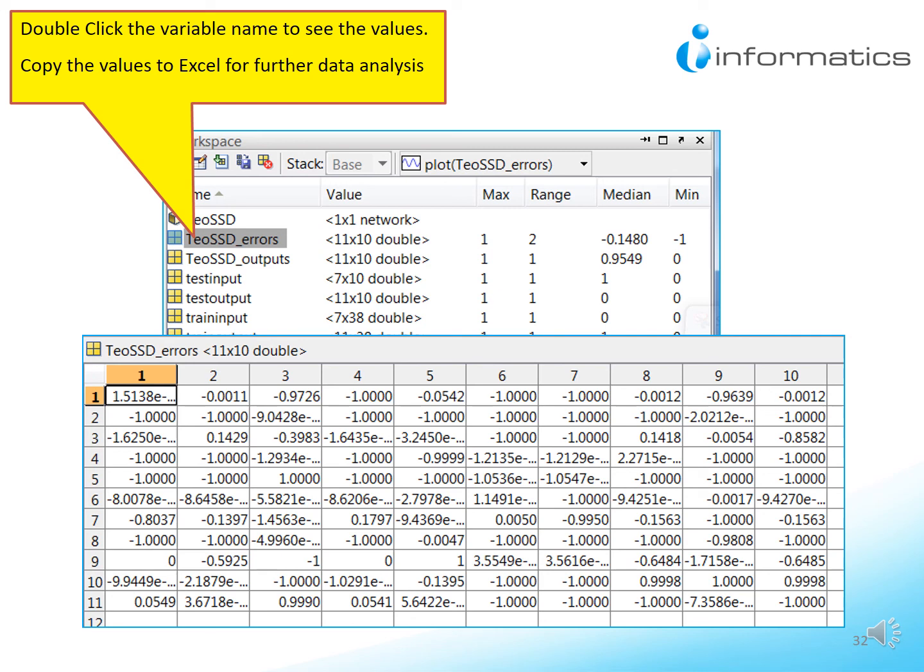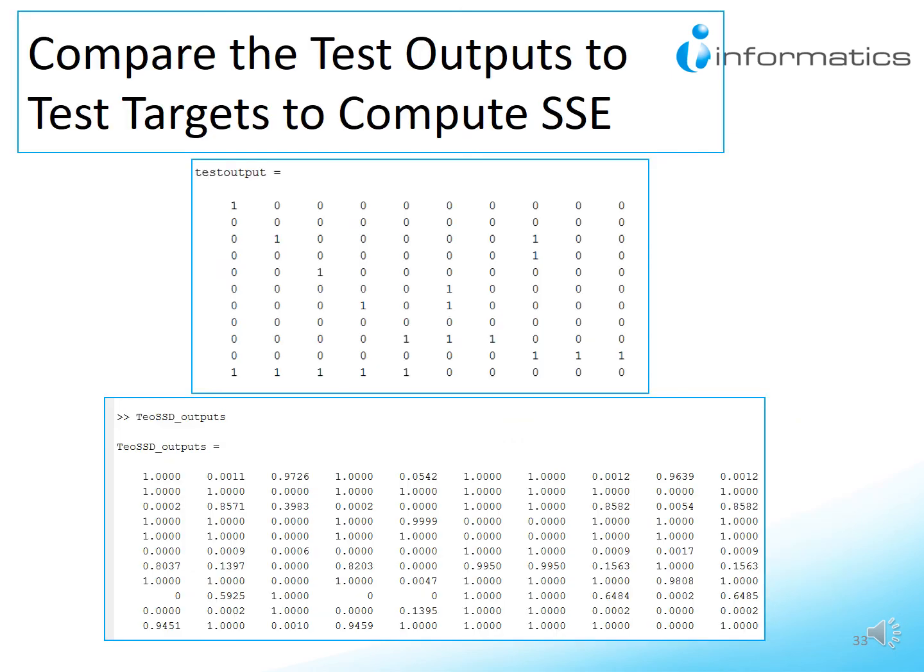You can export all this information into Excel and perform detailed data analysis in Excel. For example, we can compare our test target data with the network output data and compute the difference so that we can compute our own SSE, sum square error.